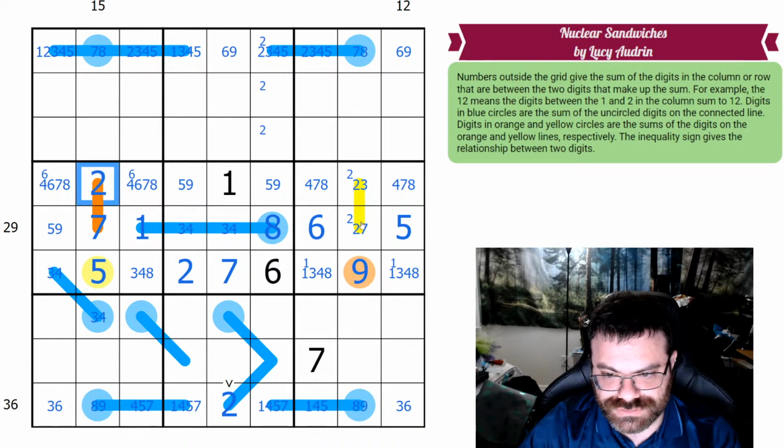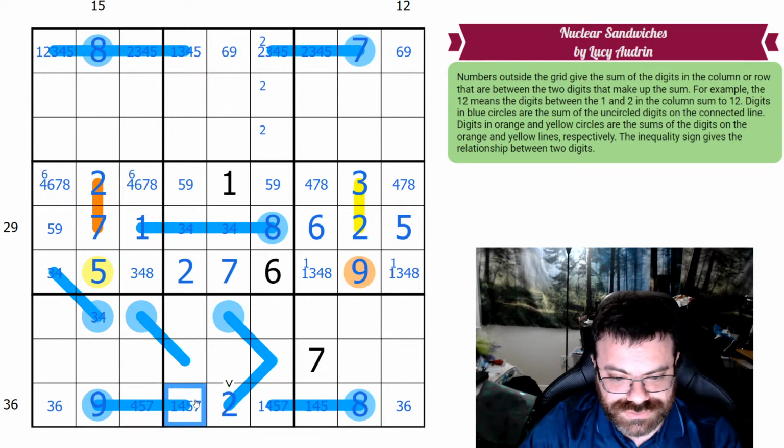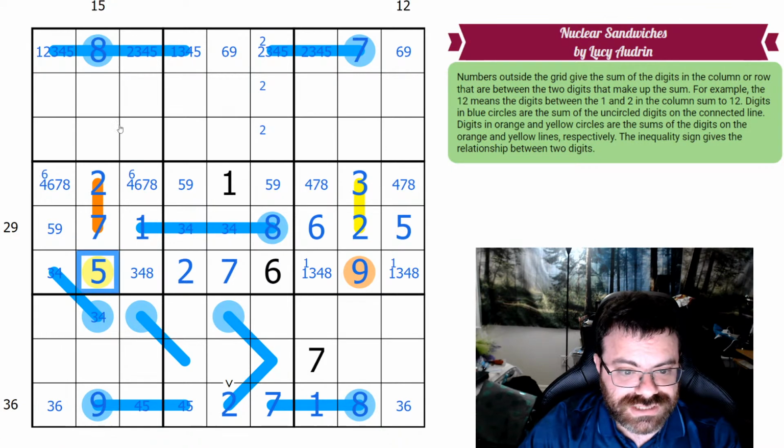Oops, 7, 2, 2, 3, 8, 9, 8, 7. 9 can't use the 1. So that means 8 must use the 1. So we're 7, 1. 9 is 4, 5. This 5, we can't put the 1 here. So this is 9.